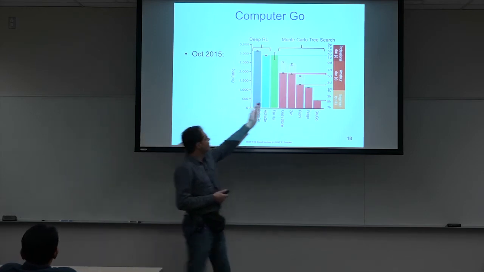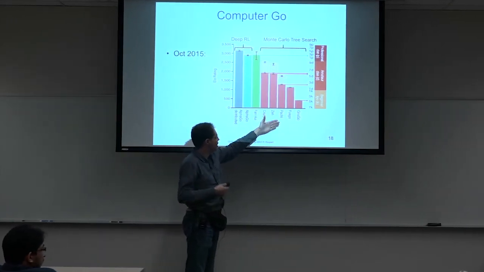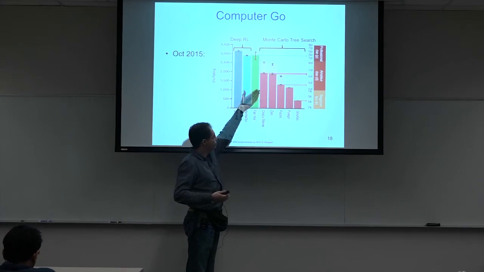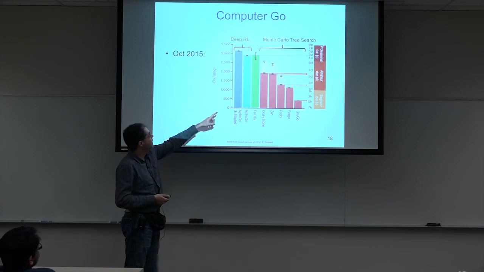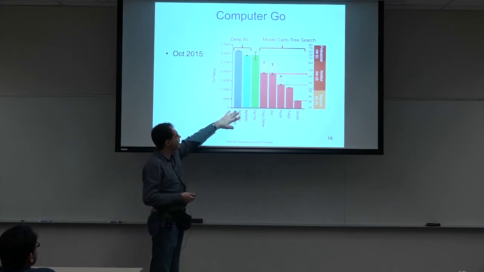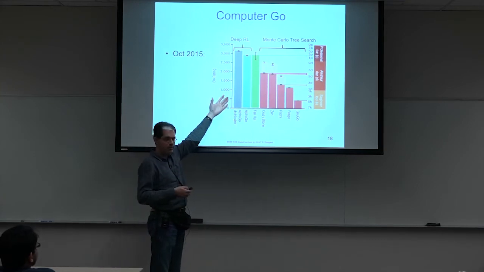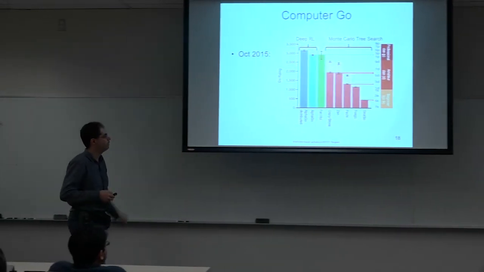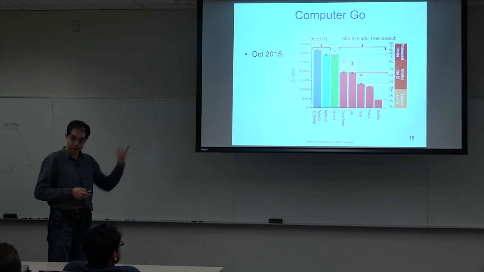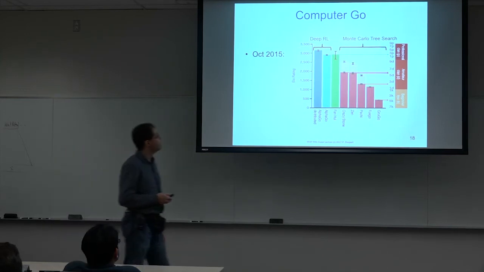In any case, Monte Carlo tree search was good, but not sufficient to achieve professional play. With deep reinforcement learning, AlphaGo was able to really break out and beat Fan Hui. Okay, so this was October 2015.